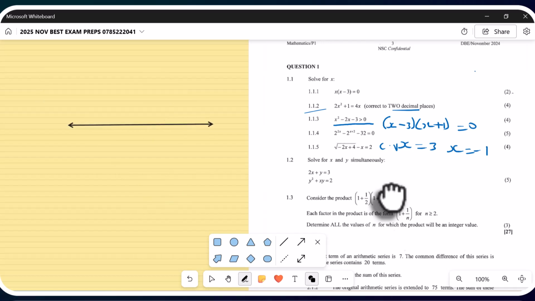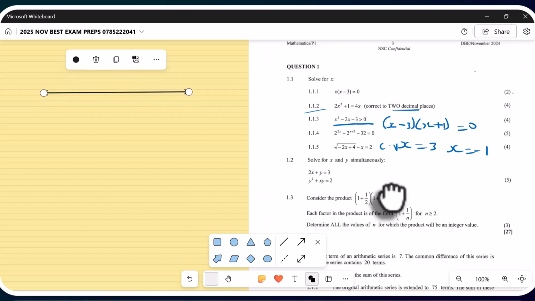Now, like I said, this is positive x squared, so it's going to be something like this to be our parabola here, okay? The first critical value, put it here, and then the big one, put it here. So we have the negative 1 here. Then we have the 3 here.